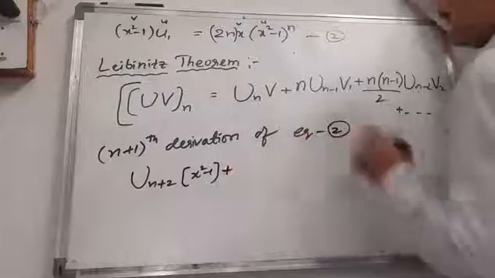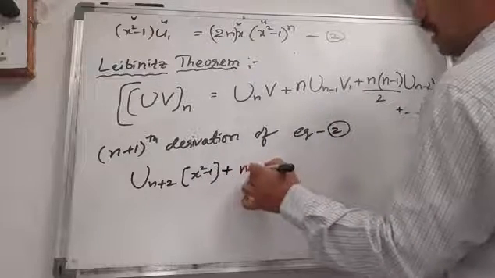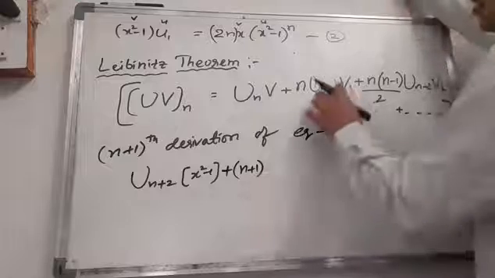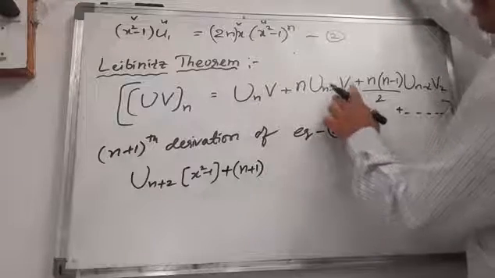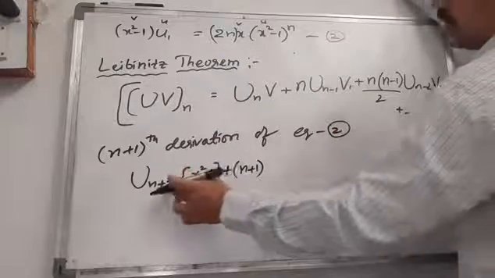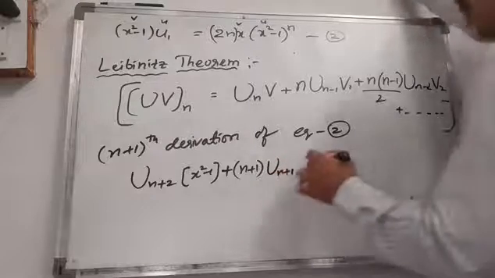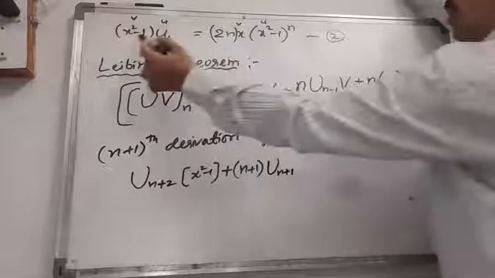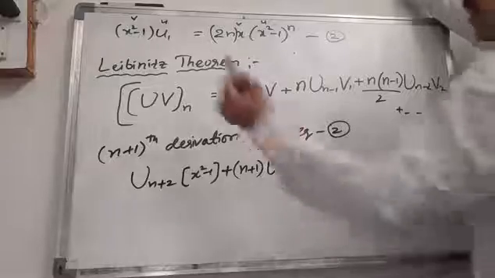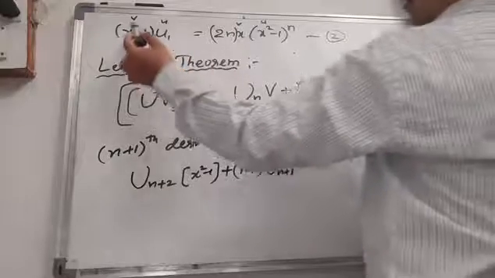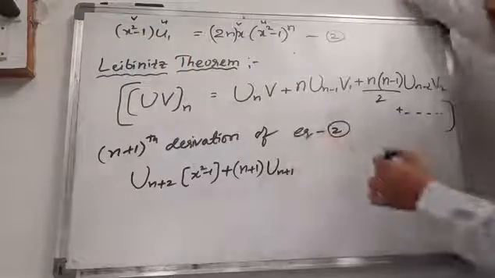plus n into, means n plus 1 into un minus 1th derivation. So we have to decrease this derivation by 1. So that is un plus 1 into v1, first derivative of x square minus 1. First derivative of x square minus 1 is 2x, 0 minus 0.